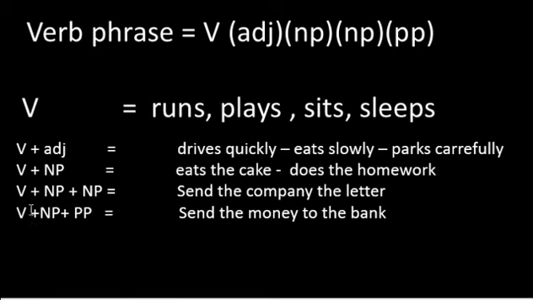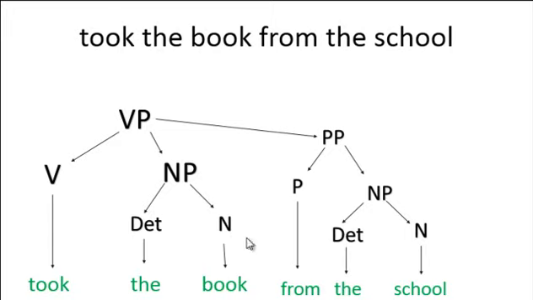When you say verb, noun phrase, and preposition phrase, "send the money to the bank," you say it is a verb phrase. Perfect. You are going to follow the rule in these sentences: the verb phrase also has a preposition phrase. Preposition phrase has a preposition and a noun phrase.